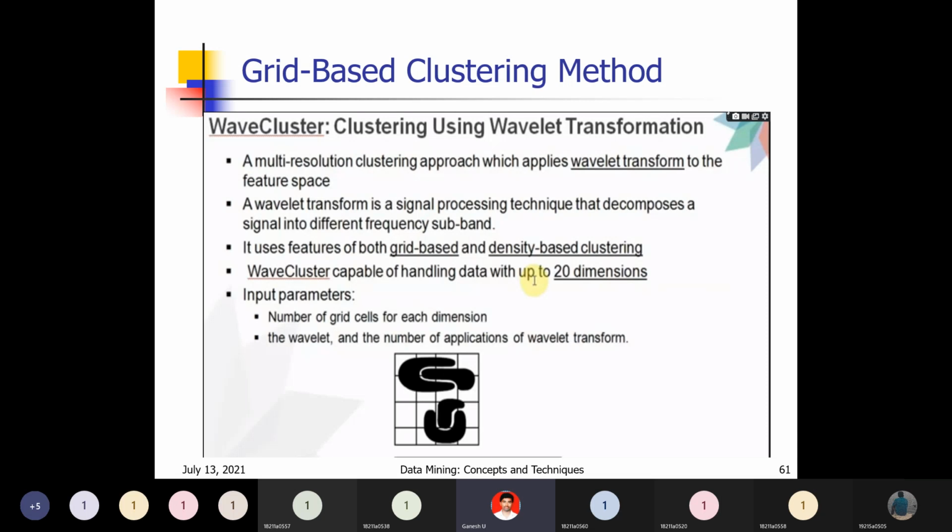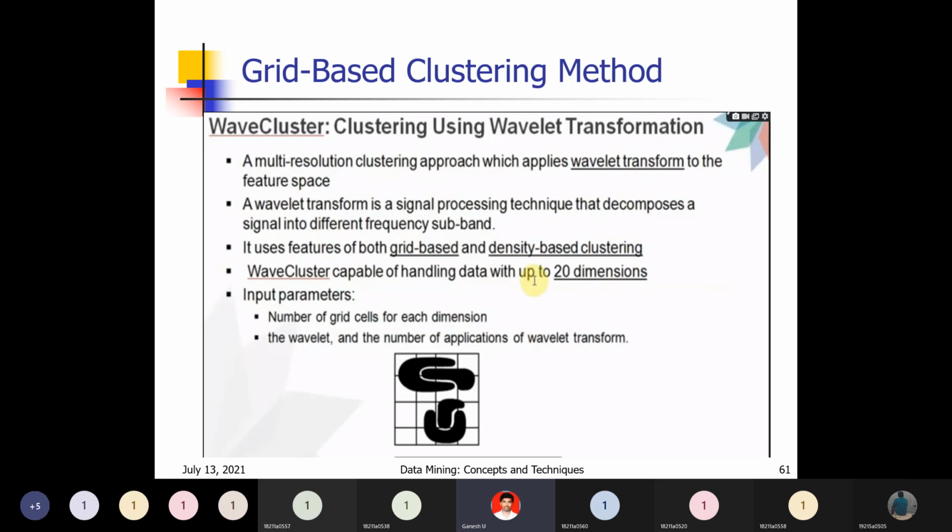Here, for clustering, we are using the wavelet transformation method. How are we applying it? You have to apply the principle of the wavelet transform method to this feature space.